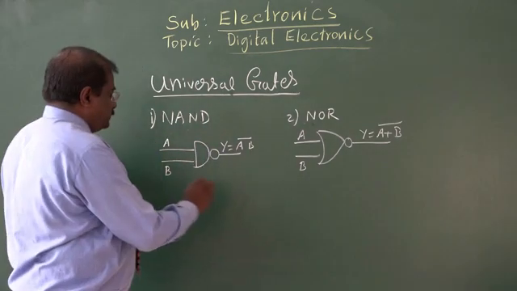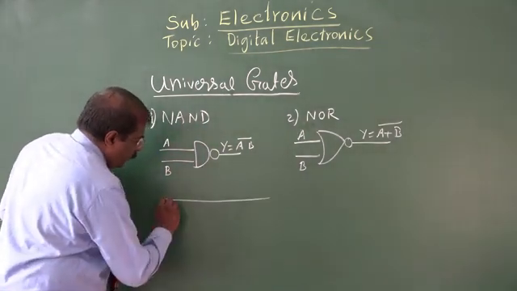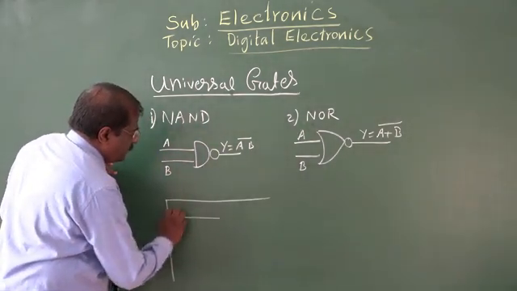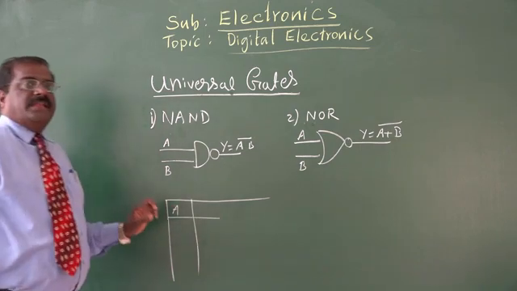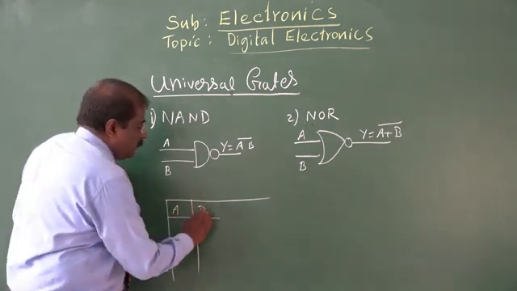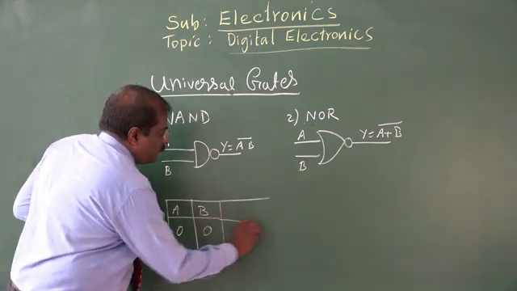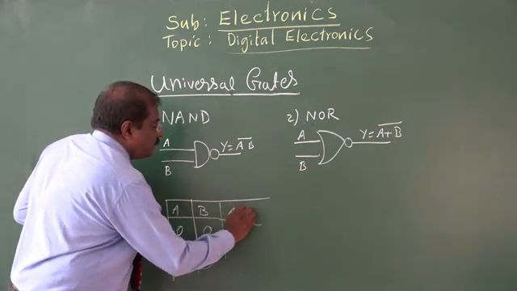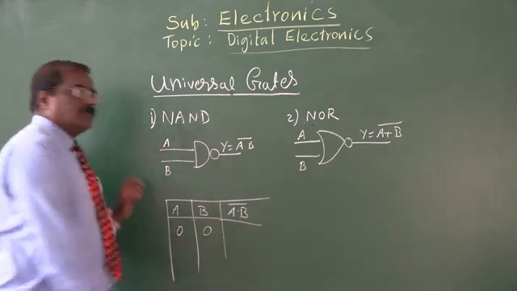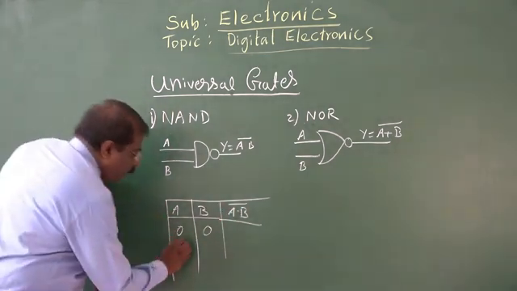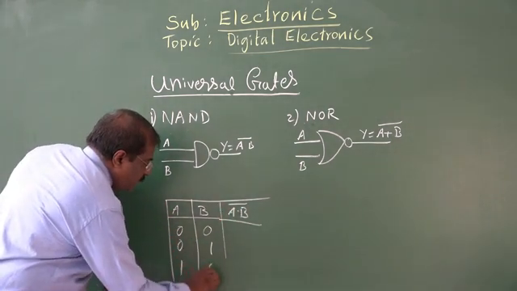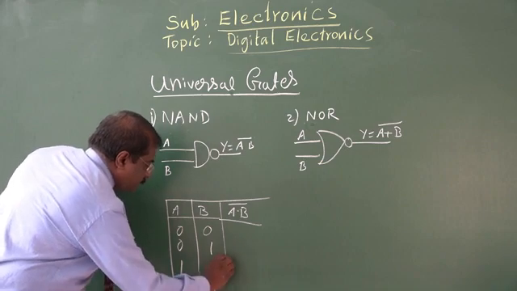Now take the truth table. It has the 4 combinations as we discussed in the beginning. A B: 0 0, 0 1, 1 0 and 1 1. Here we have A dot B whole bar.